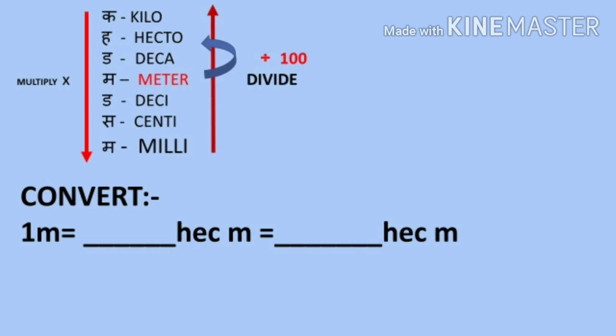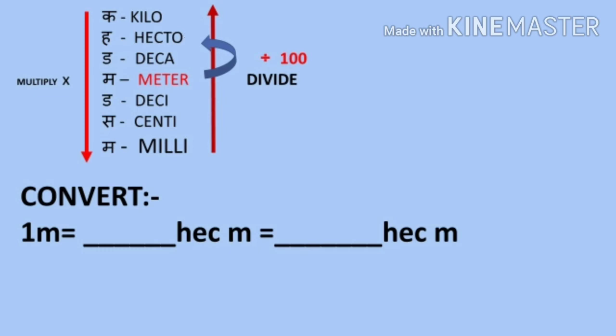Question is 1 meter equal to how many hectometer? As you can see from the chart, for converting meter into hectometer, you have to go up from down. So you have to divide, and you have to go 2 steps up. Means you have to divide by 100.